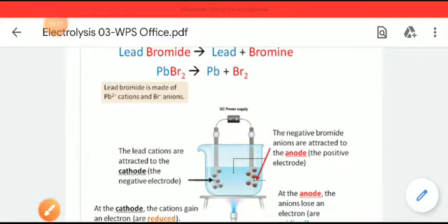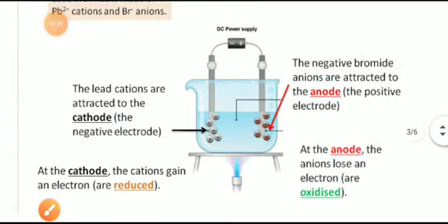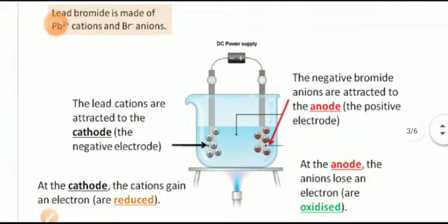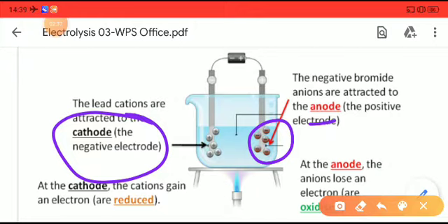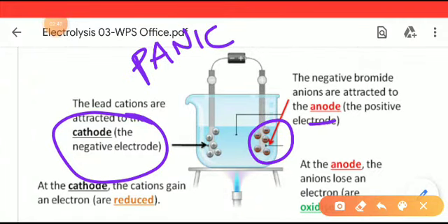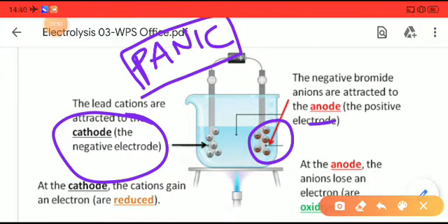Let's get deeper into the topic, where we find the cathode and the anode. I have discussed in the previous video a short trick to remember the charge of the cathode and anode. That trick is named PANIC.